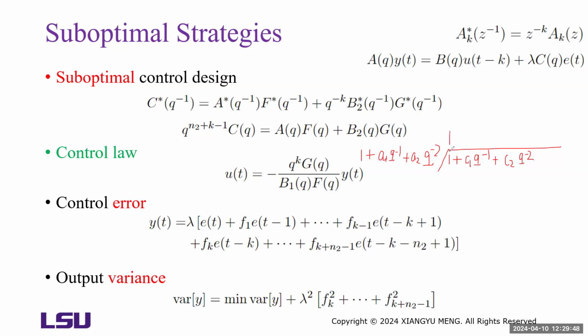So if you do long division, here we have 1 plus a1 q^(-1) plus a2 q^(-2).